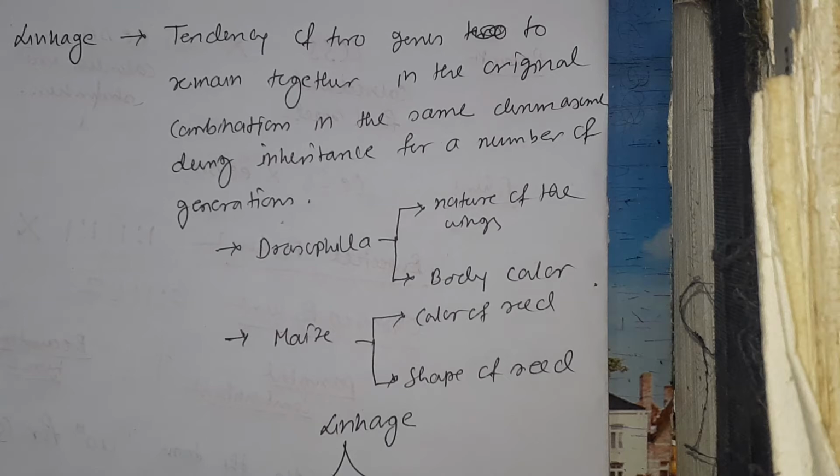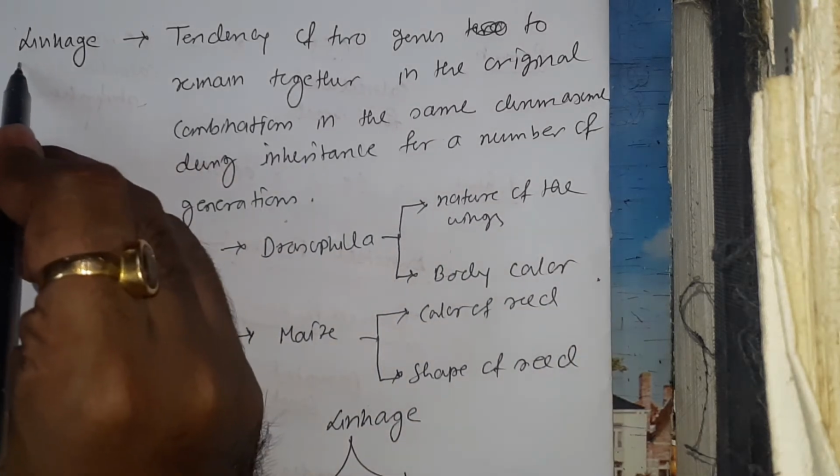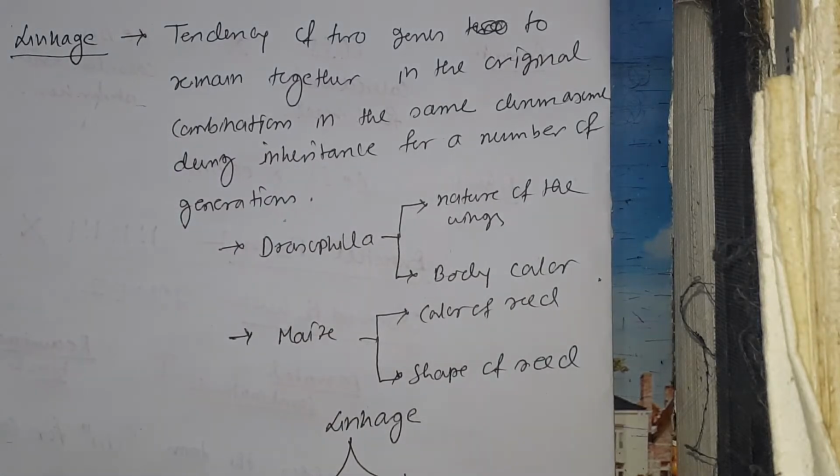You can relate to linkage by understanding an example. Suppose two friends are best friends, and from class 1 to class 12 they used to sit on the same bench and in the same position.